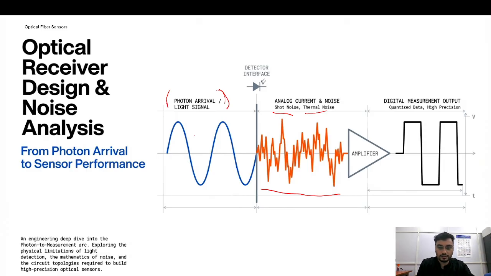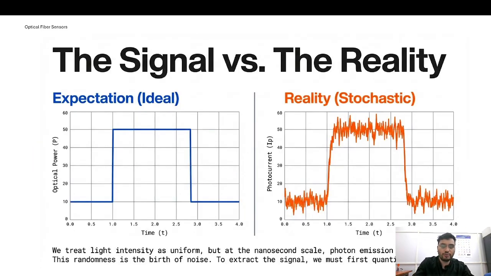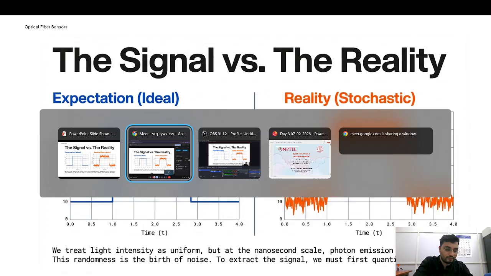Okay, moving towards the first thing, which is the waveform generated from the optical intensity once the photons are hitting the photodiode.